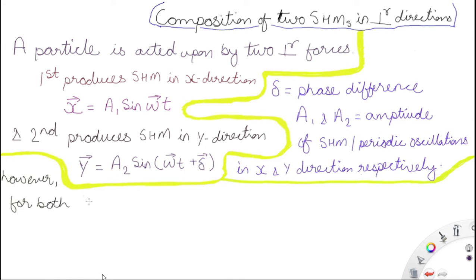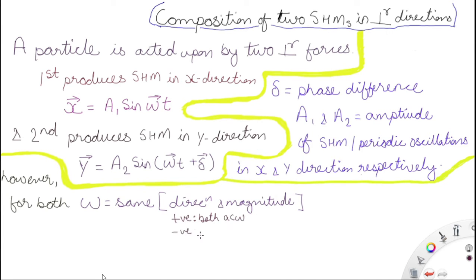Now for both, omega is the same, means both Fx and Fy produce the same angular frequency omega, which is equal in both direction and magnitude.